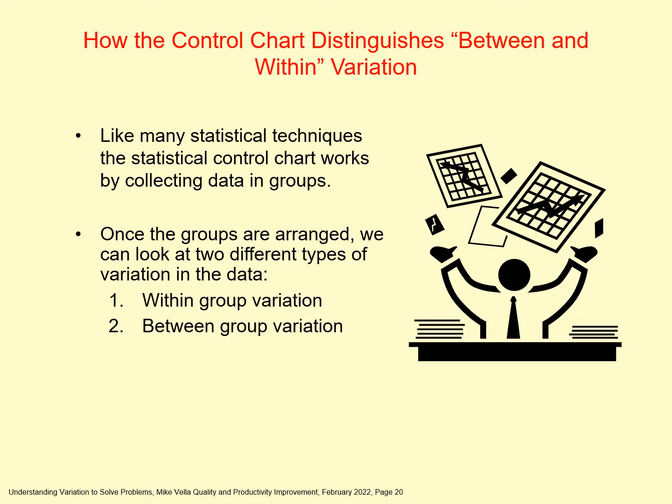So like many statistical techniques, the control chart works by collecting data in groups. Once those groups are arranged, we can look at two different types of variation, within-group variation and between-group variation. It is very important for you to understand this point in setting up the control chart.